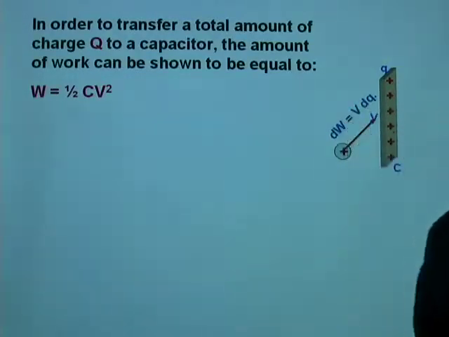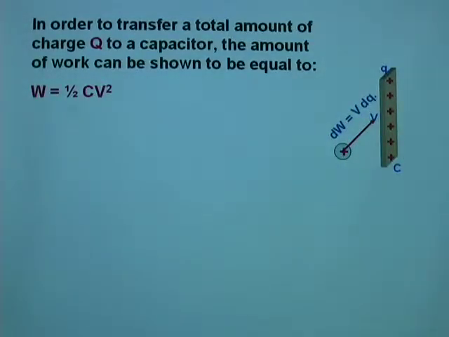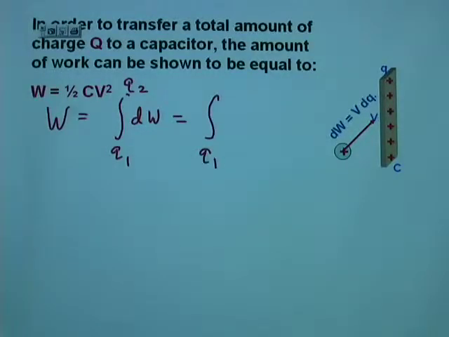Now let me do that on the whiteboard. Watch these steps. The total work done when the charge increases from Q1 to Q2 will be the integral from Q1 to Q2 of dW, which is the integral of V dQ.